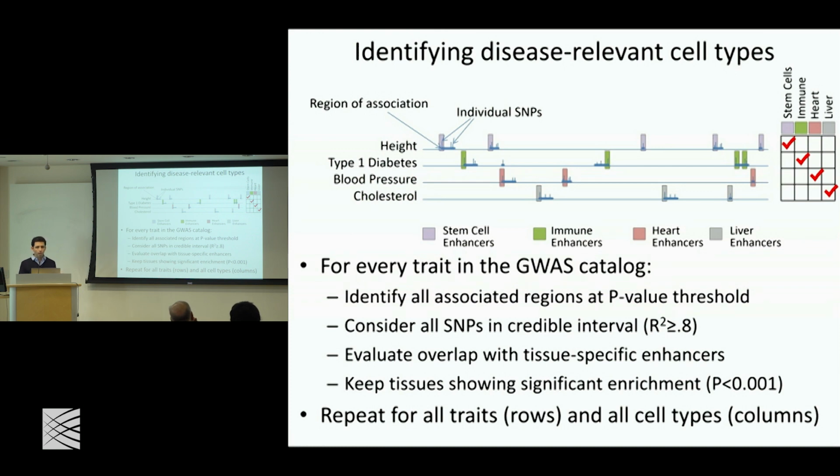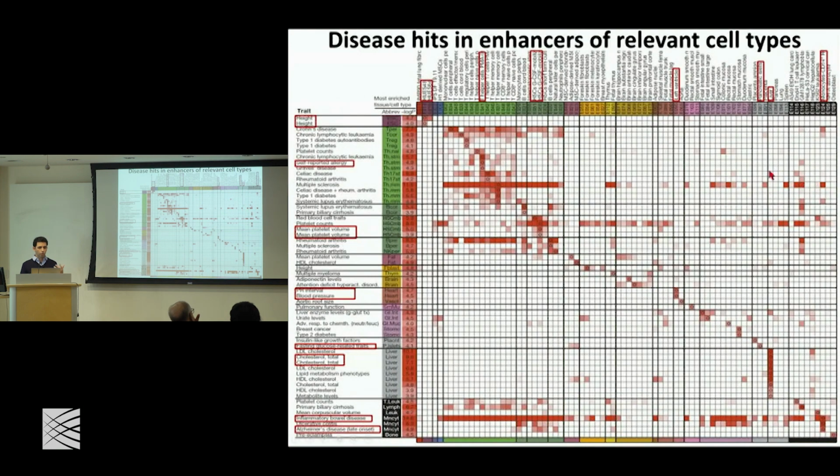Awesome. And of course, this is a tiny little subset of a huge matrix, which you can see here, of 58 different traits and more than 100 different cell types, where you can see that indeed genetic variants associated with height do not enrich anywhere but embryonic stem cells. Immune traits, T cells and B cells.